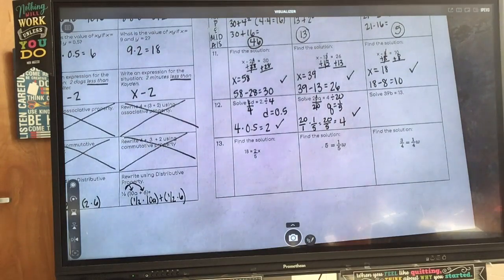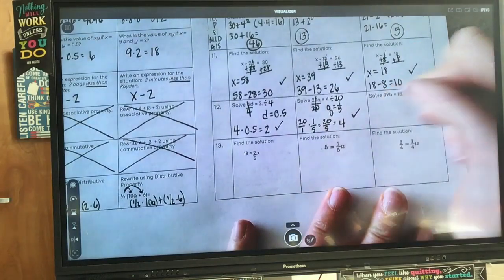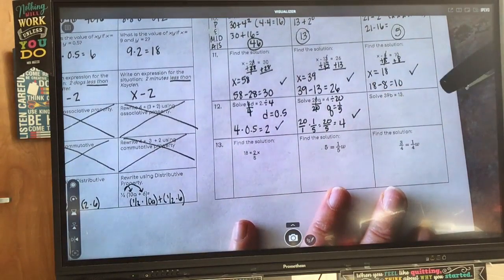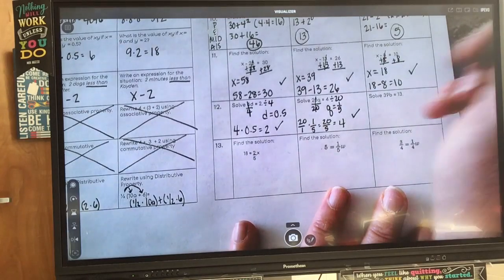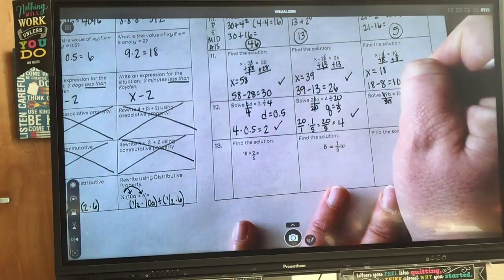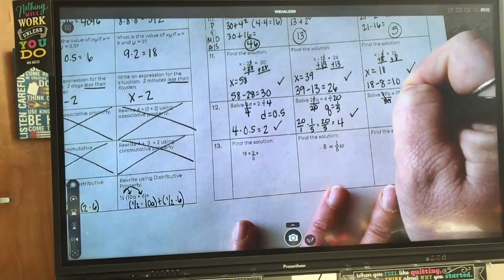Alright, last one for this. So we have 39b equals 13. What do we do here? What operation are we doing? Aiden. Okay, so I divide by 39, divide by 39. Alright, what does b equal, Aiden?